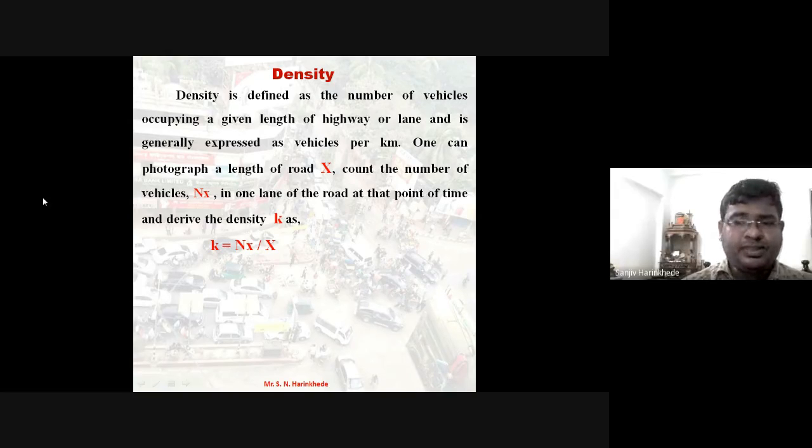One can photograph a length of road x, count the number of vehicles, that is nx, in one lane of a road at that point of time, and derive the density k as k equal to nx divided by x, where k is the density, nx is the count of number of vehicles, and x is the length of road.